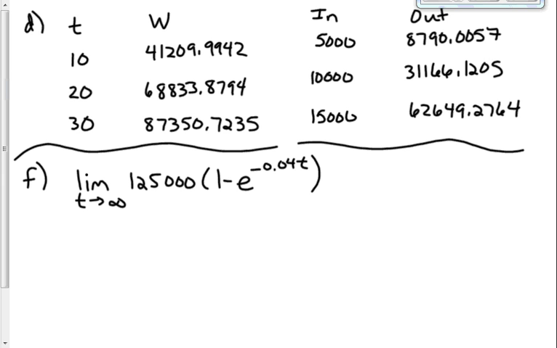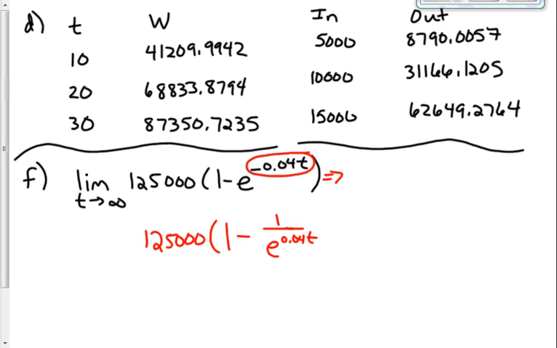So let's see what's going on here as t goes towards infinity. As t is going towards infinity, this is becoming a negative, really, really big number. So just to kind of show what's going on, that's not an equal sign, by the way. So I have e raised to a negative really big number. So it's 1 over e to the 0.04t. That negative exponent just puts it in the bottom.